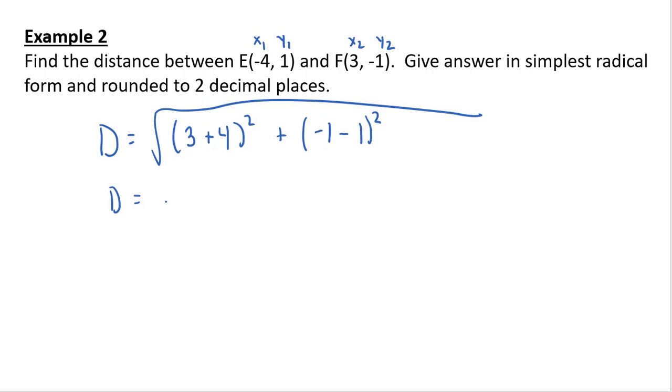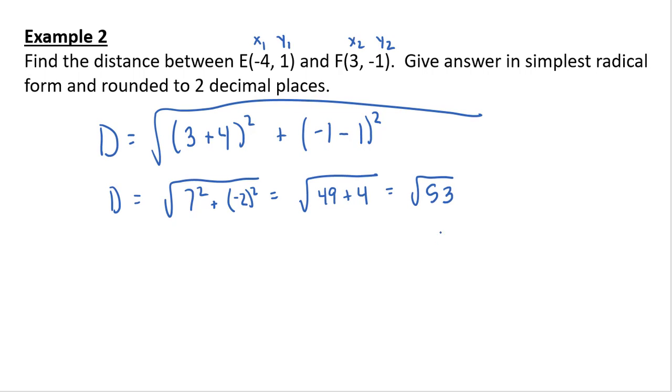So my distance here is the square root of 7 squared plus negative 2 squared. So I have the square root of 49 plus 4, which is the square root of 53. I don't think there are any perfect squares that go into 53, so we would leave it like that. Written in 2 decimal places, that is 7.28.